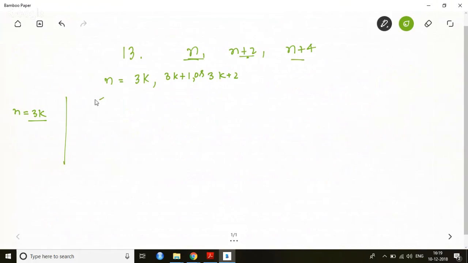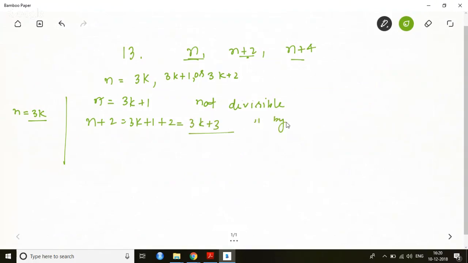If n is 3k plus 1, n is not divisible. But n plus 2 would be 3k plus 1 plus 2, which is equal to 3k plus 3. 3k plus 3 is divisible by 3.